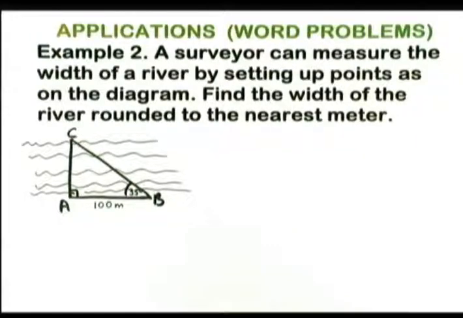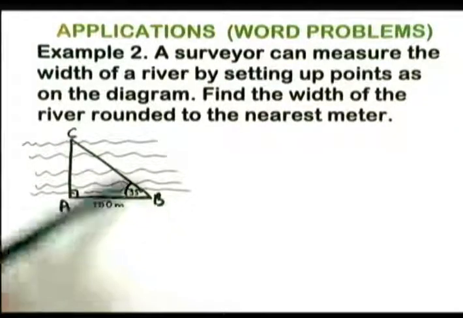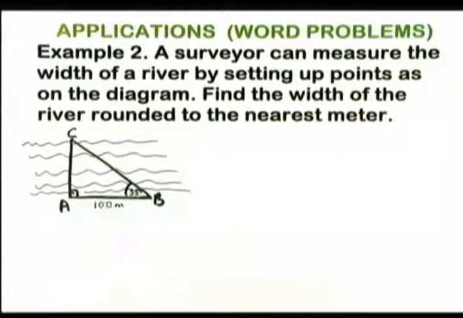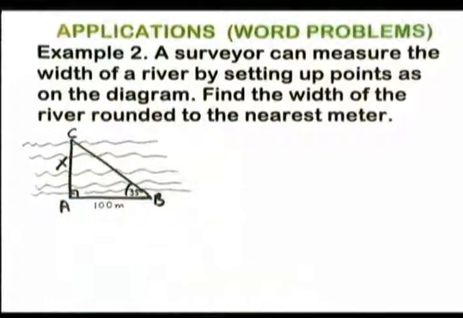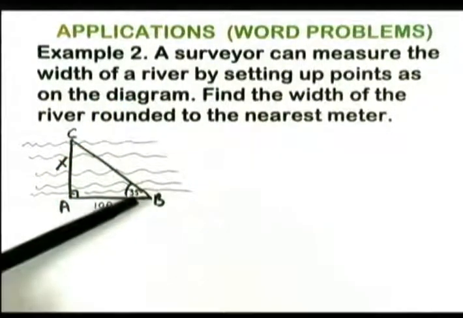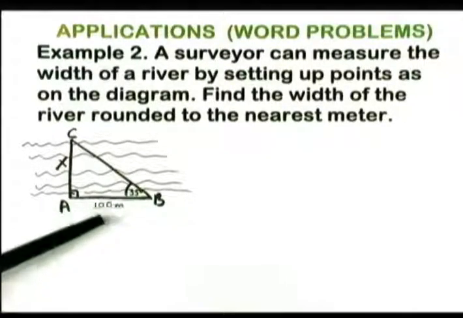So on the diagram, we want to measure the width of the river, and the surveyor was able to mark points A and B 100 meters apart, and he measured the angle to the point C, which is 35 degrees. So we have the triangle, and we need to find this side. Let's label it X. Regarding this angle, this side is opposite and this side is adjacent.